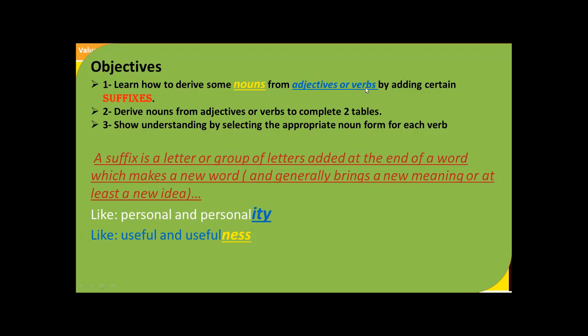Learn how to derive some nouns from adjectives or verbs by adding certain suffixes. 2. Derive nouns from adjectives or verbs to accomplish two tables in your student's book. And finally, show understanding by selecting the appropriate noun form for each verb. It will be a quiz.